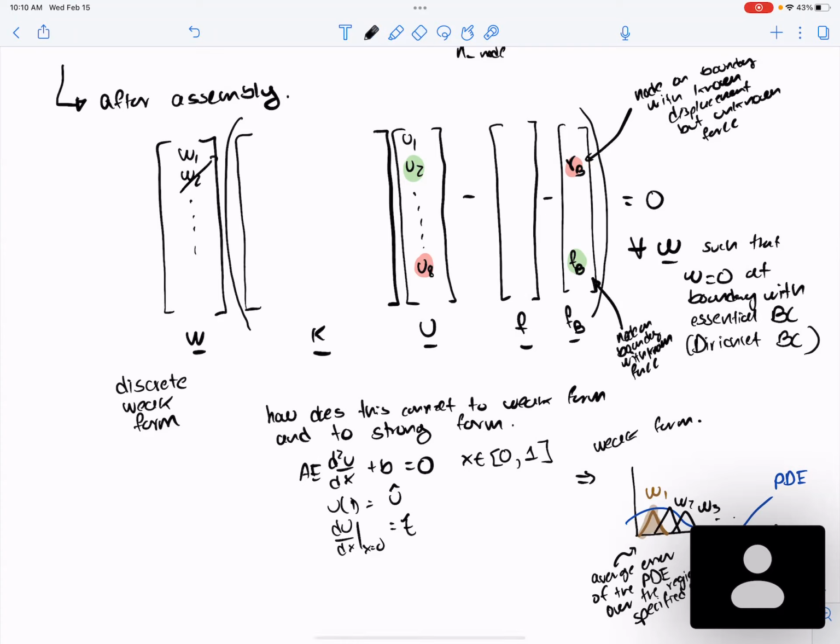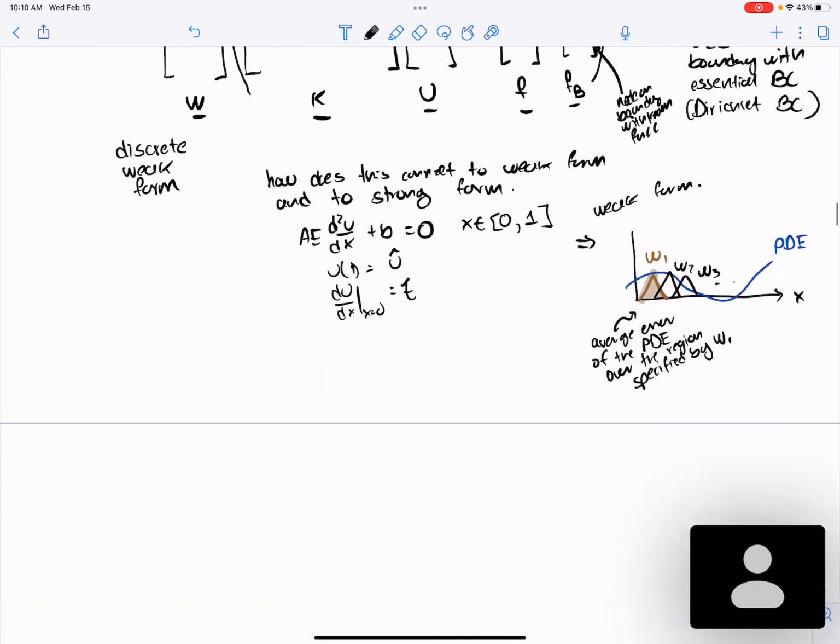So therefore, this one has to be 0. That way I satisfy even that equation where I don't know the reaction. Aside of that, all the W's can be whatever. So all of the W's can be anything.